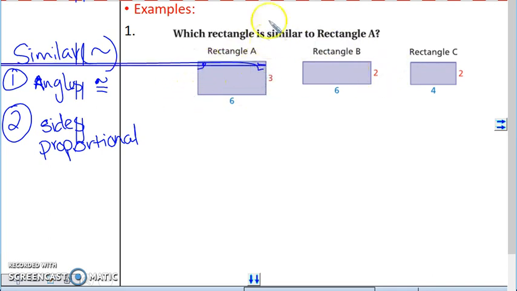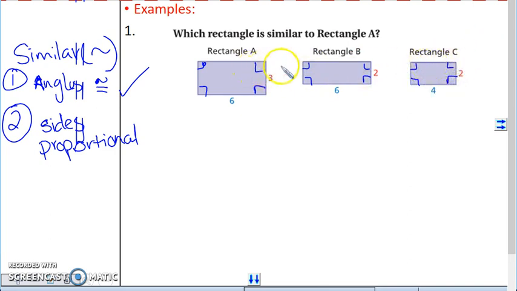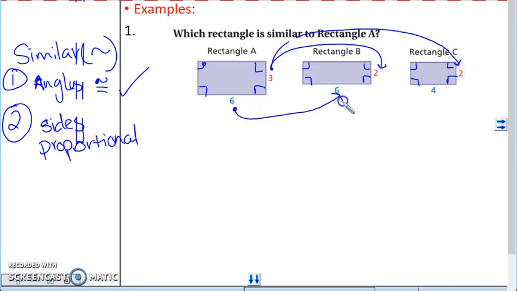That's a property we know about rectangles. So, yes, all of them have 90-degree angles. Now, are the sides proportional? We're going to find the corresponding, matching sides. We're looking at 3 corresponds to 2, and 6 corresponds to 6 and corresponds to 4.